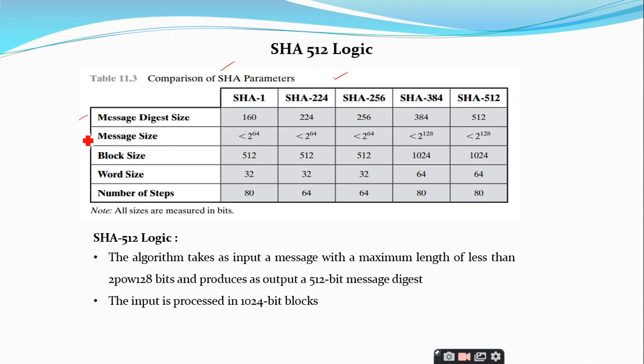So, these rows represent the SHA parameters, and the columns represent the various versions of SHA we have.